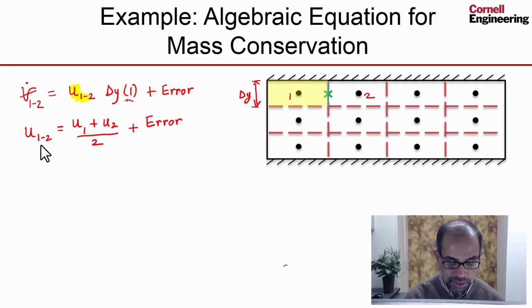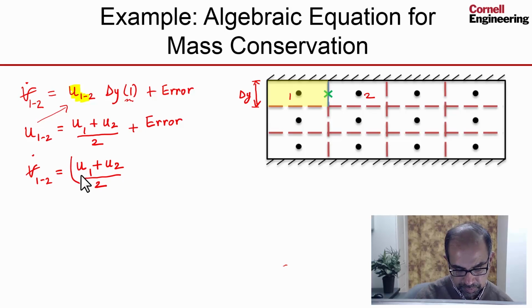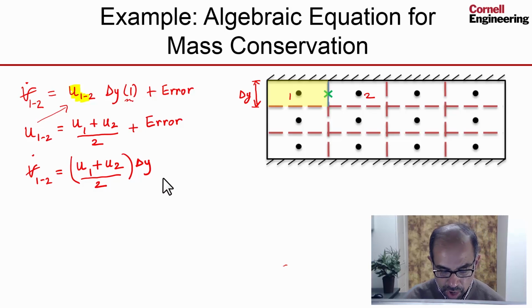Now I can use this term and put it back in here, and the volume flow rate through that face becomes U1 plus U2 divided by 2 times delta y, and I won't write that 1 over there.